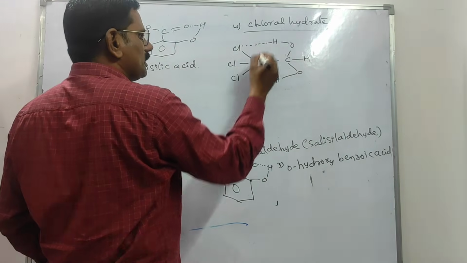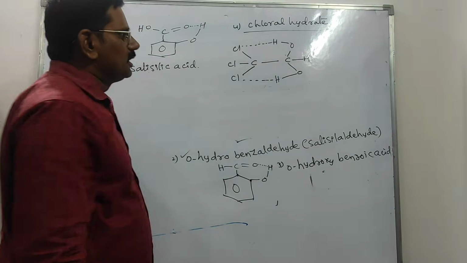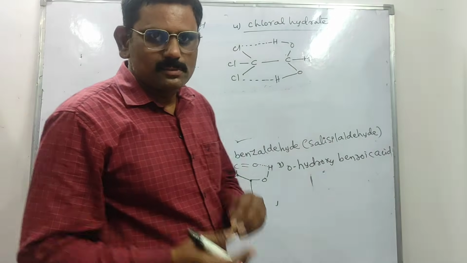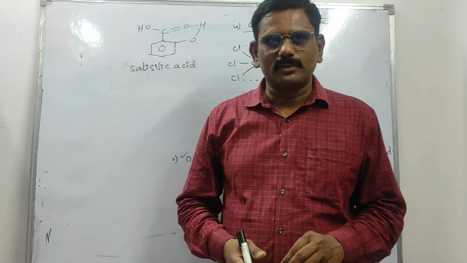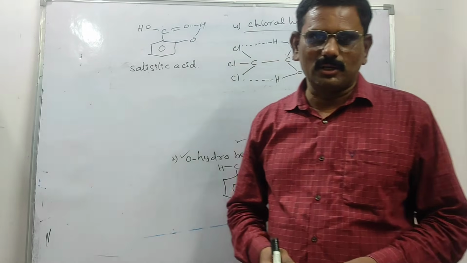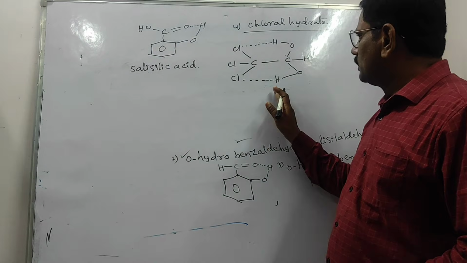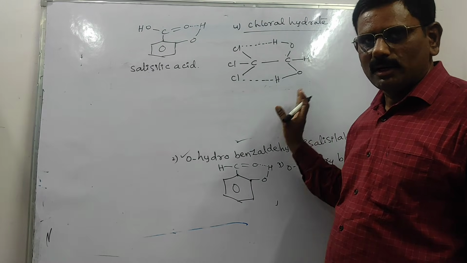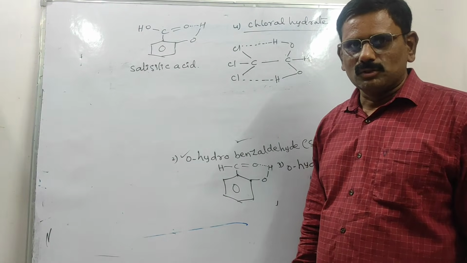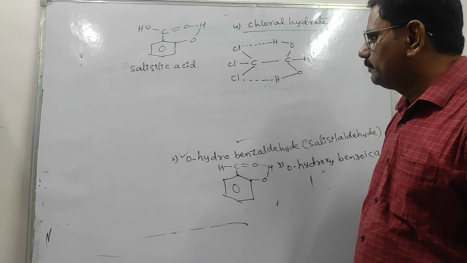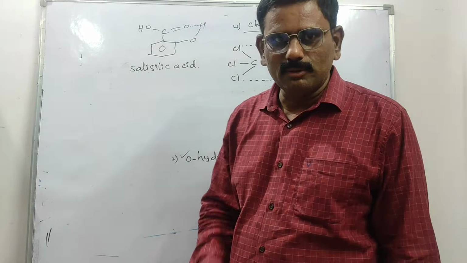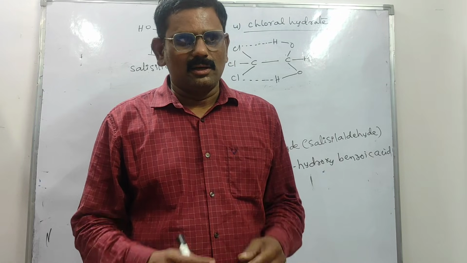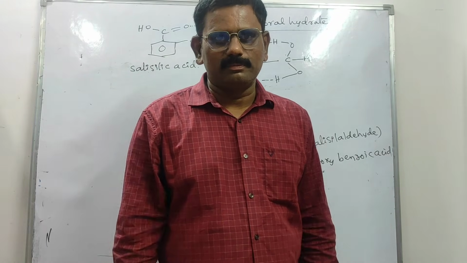In chloral hydrate also, intramolecular hydrogen bond is present. Generally, ortho-substituted aromatic compounds show intramolecular hydrogen bonding, but chloral hydrate is not an aromatic compound and still shows chelation or intramolecular hydrogen bond. Generally, these are less water soluble and have a low boiling point because the hydrogen bond is present within the molecule.